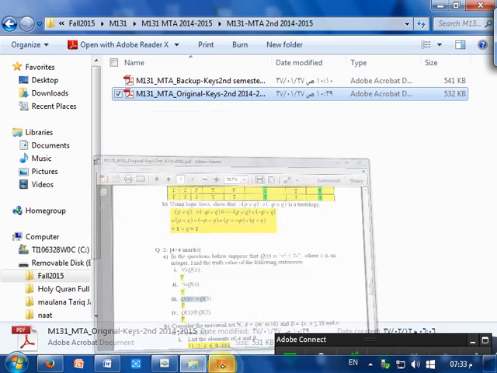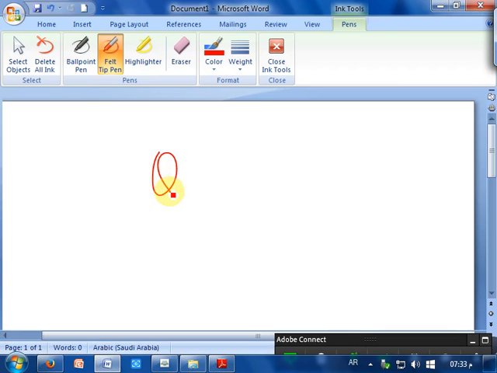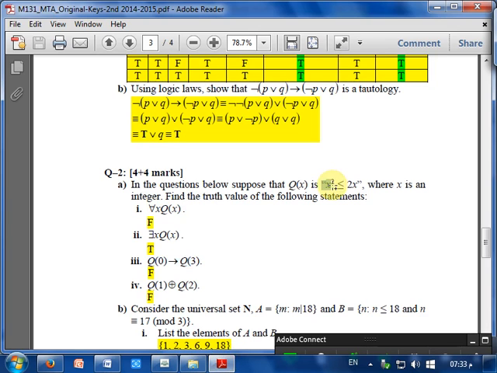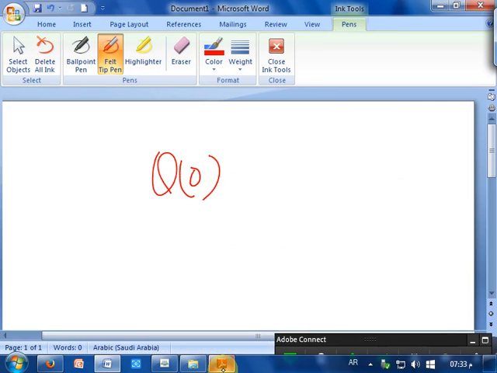So, if Q of 0, now you take Q of 0. It is 0 square, less than or equal to 2 into 0. So 0 square is 0. 0 is less than or equal to 0. It is true, right? It is equal to.